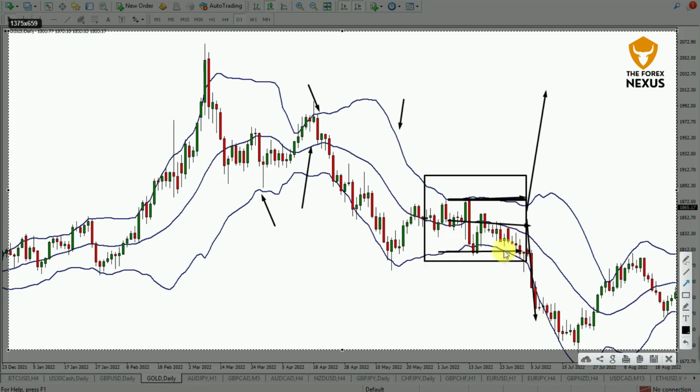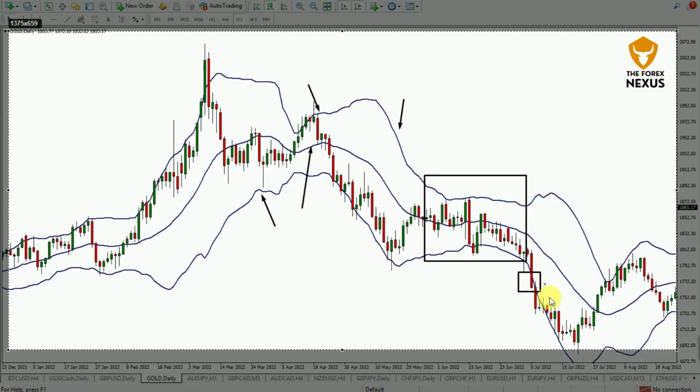When a CSM happens, it means the market gets its direction, because it will break the ranging area, like here the market broke the ranging area, and now it's going downside.